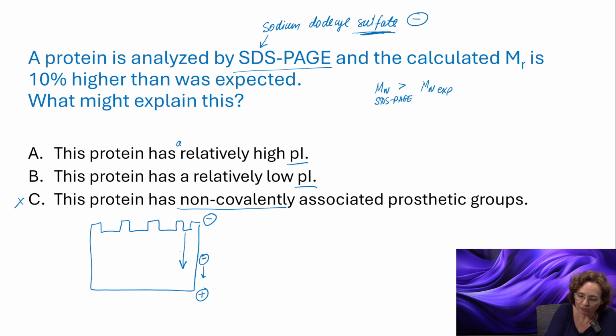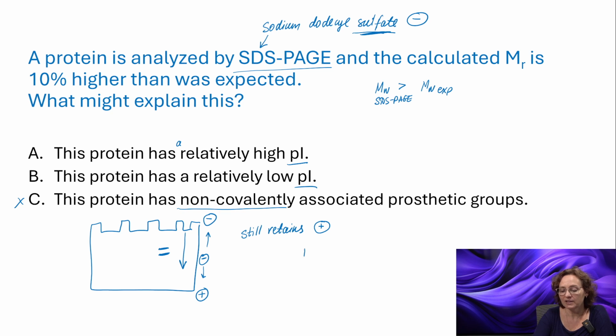So if our protein, instead of migrating, for example, right here, migrates over here, it means that it is attracted a little bit to the negative electrode, right? It means that it still retains a little bit of a positive charge, right? So when is a protein positively charged?